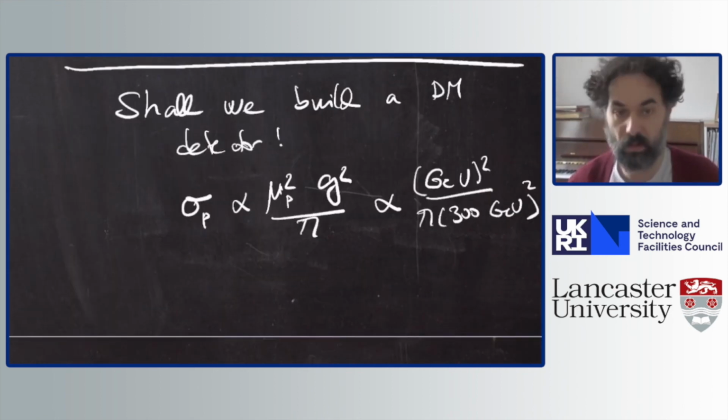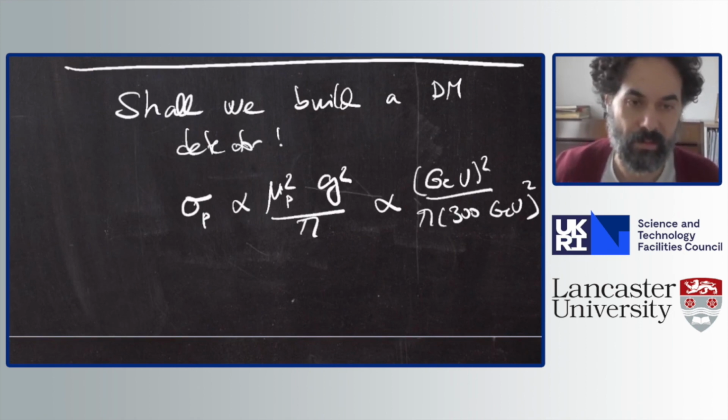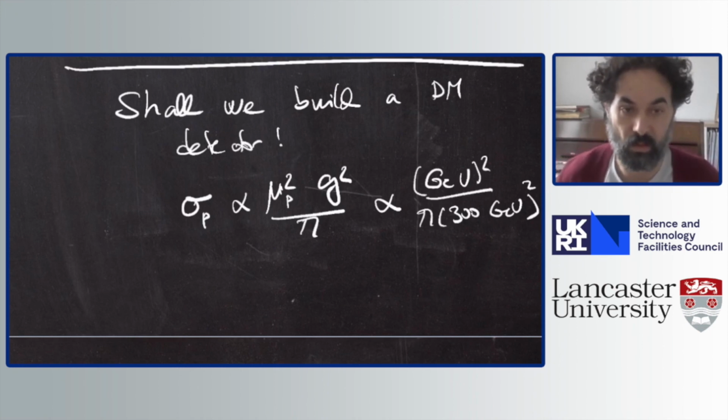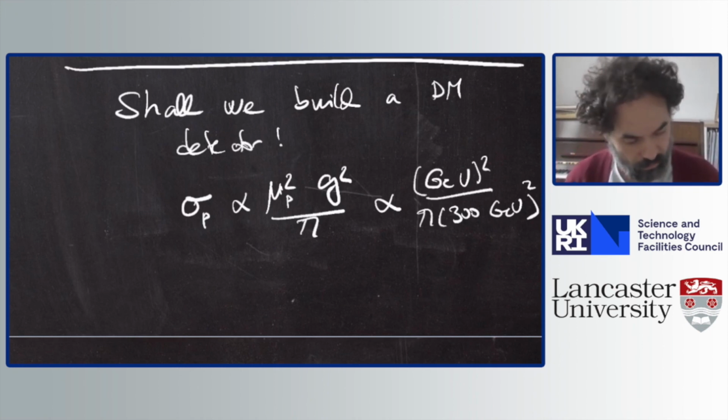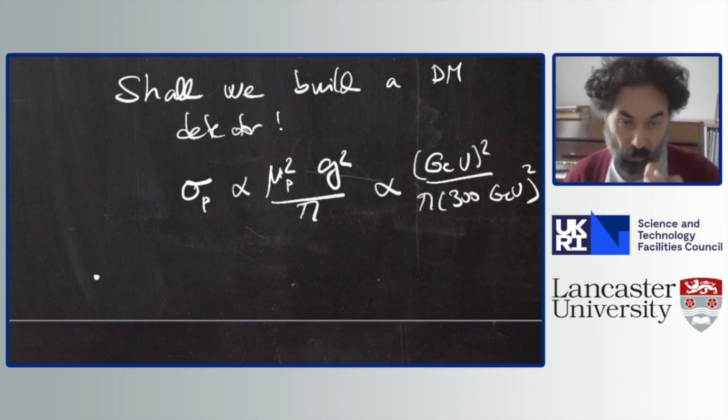We already know that these kinds of masses are going to be detected in detectors that are sensitive to kiloelectron volts. So this is a good thing. Now the question is, how many scatterings are you going to have per unit time? Are you going to have enough of those to generate a signal?